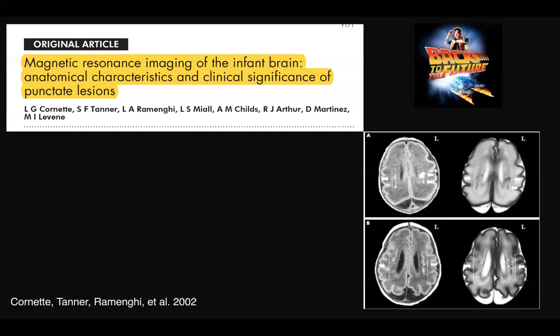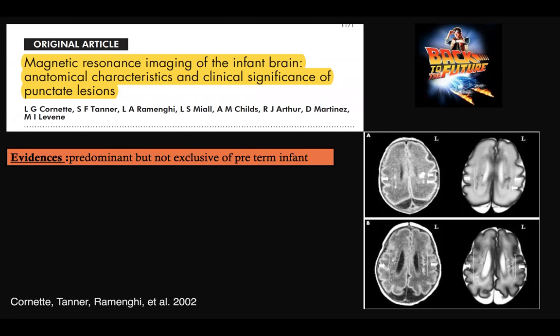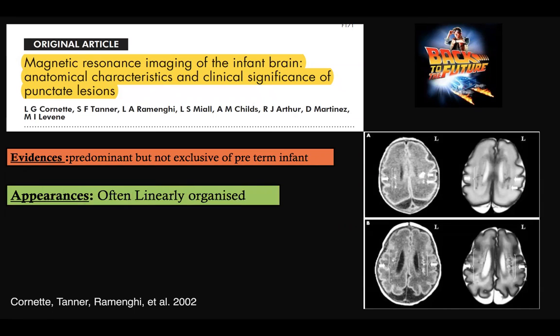Now I want to come back to 2002, a paper from different authors, including some Italians, neonatology, and they show that basically, again, we can find the punctate white matter lesion often in preterms, but these are not exclusive of preterms.